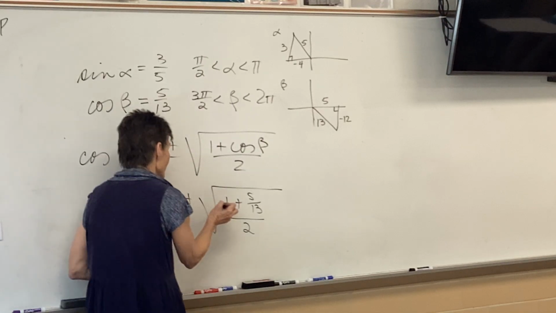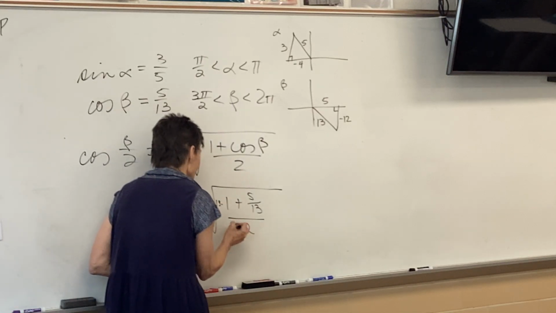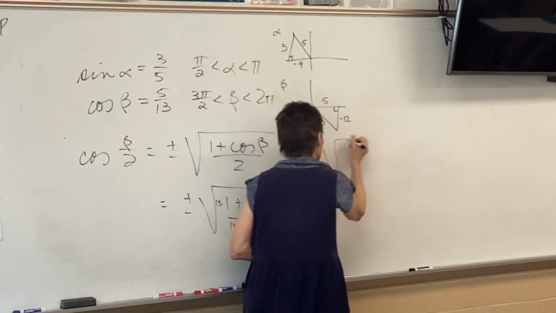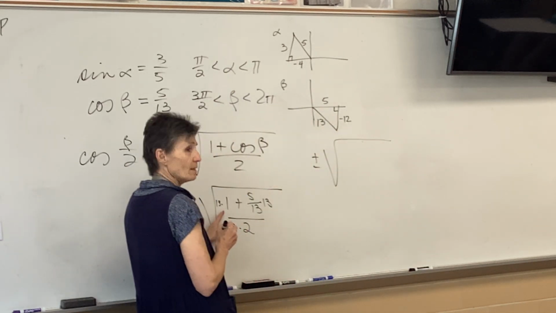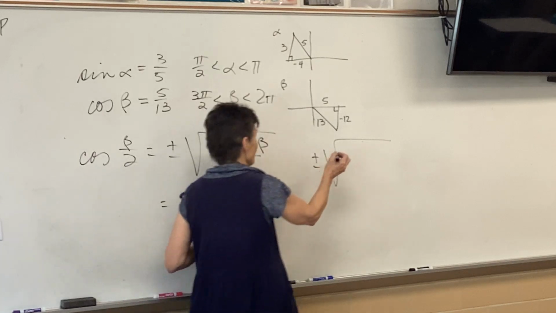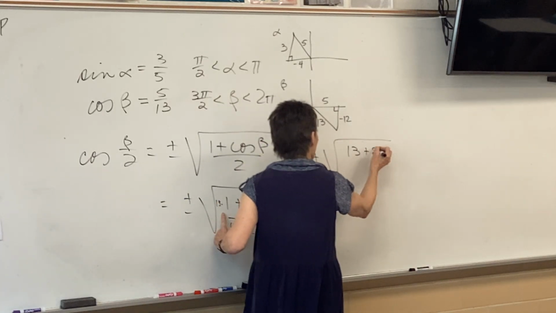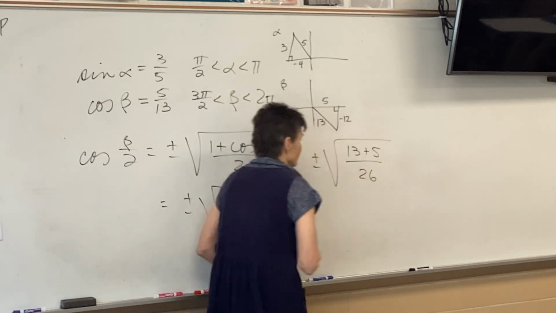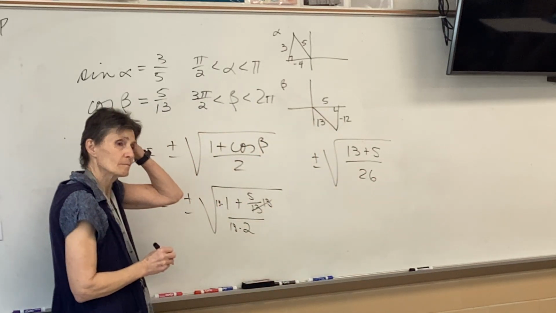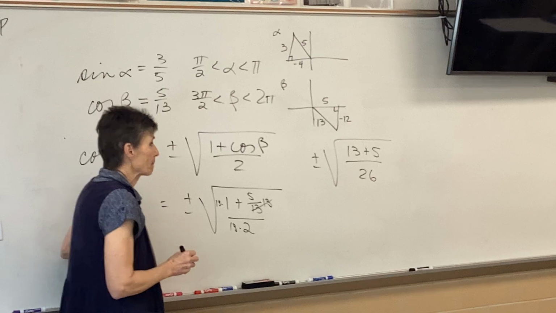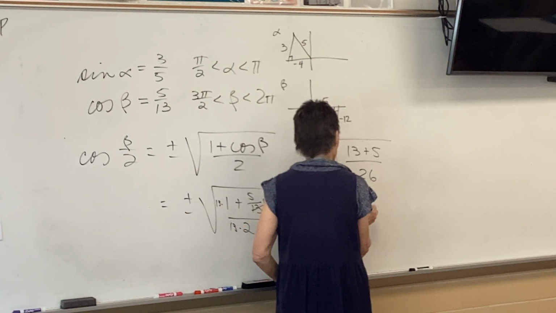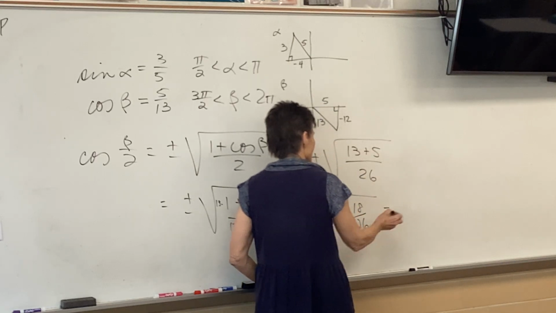So I'm gonna multiply everything by 13, and that's everything. So I'm gonna have plus or minus the square root of 13 plus 5 over 26. So I have the square root of 18 over 26, which actually reduces.